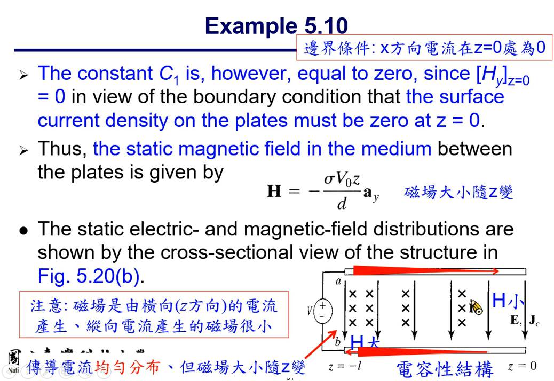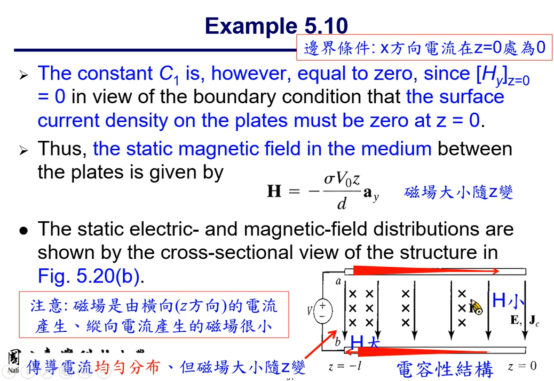And here is an interesting problem that you need to think of. Here is the JC current. Will they contribute to magnetic field within this structure? Will they contribute to magnetic field? This JC current going from top to bottom plate.